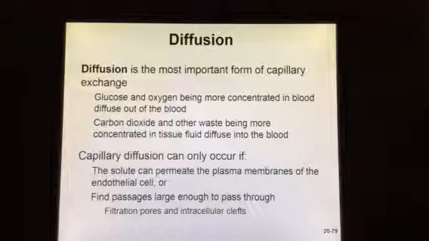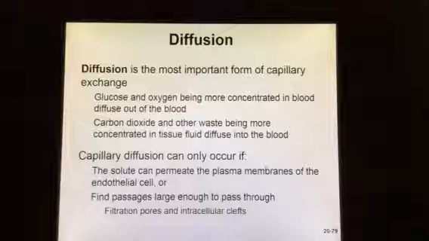Some examples of diffusion that occur in the capillary beds would be glucose and oxygen. They're more concentrated in the blood, and so they diffuse from the capillary into the tissue. And then carbon dioxide and other wastes are more concentrated in the tissues, and so then they diffuse into the capillary. So again, going from high concentration to low concentration.